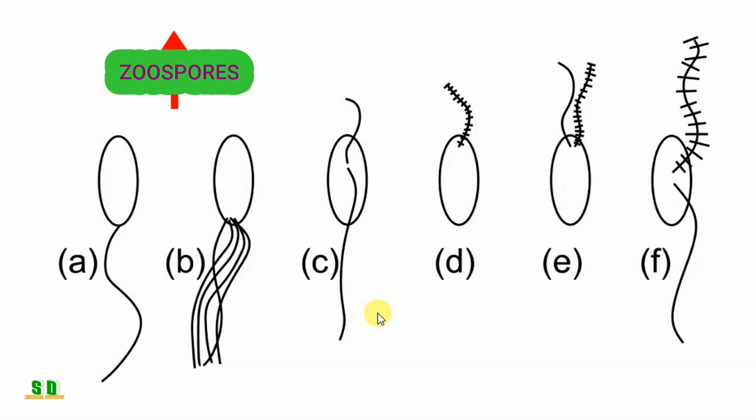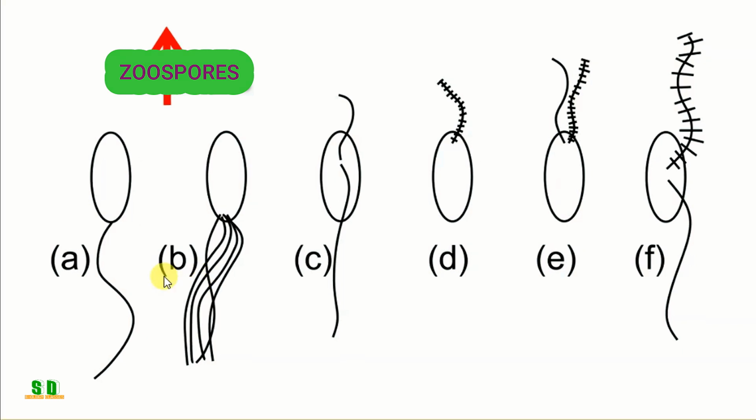There are also some other ways, but these three are very important. These are the structures of the zoospores. What are zoospores? The zoospores are the motile asexual spores that are produced within the zoosporangium.